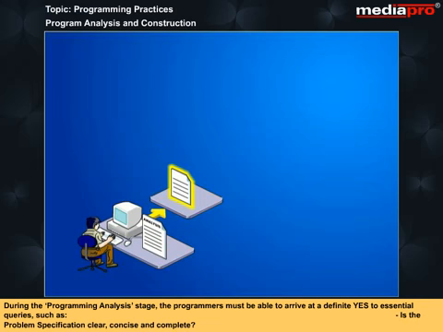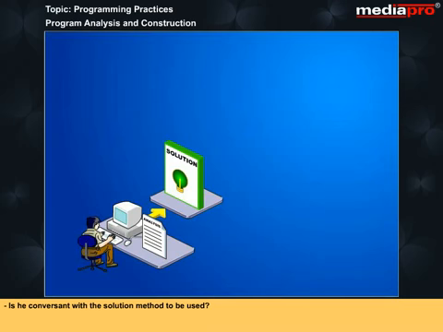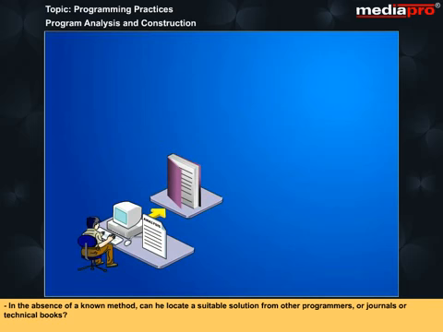During the programming analysis stage, the programmers must be able to arrive at a definite yes to essential queries such as, is the problem specification clear, concise and complete? Is he conversant with the solution method to be used? In the absence of a known method, can he locate a suitable solution from other programmers or journals or technical books?